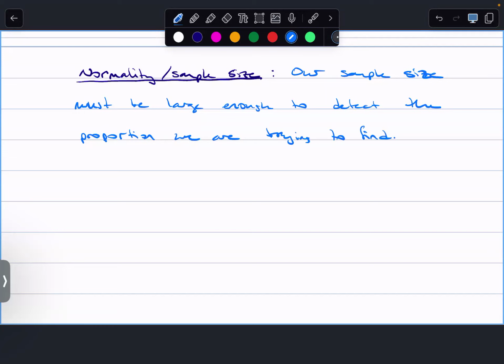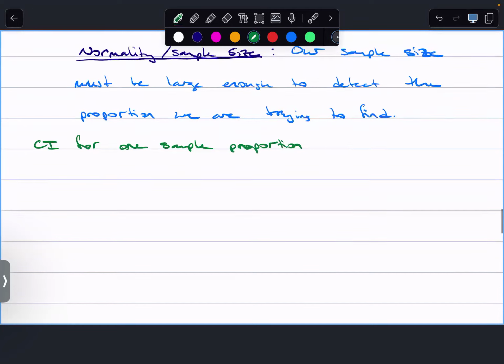Now, for a confidence interval for one sample proportion, how we check that is going to change depending on what we're doing. We need to have at least 10 successes and at least 10 failures in our sample.